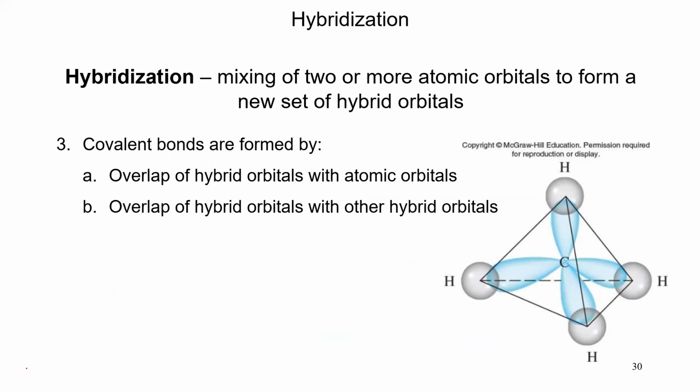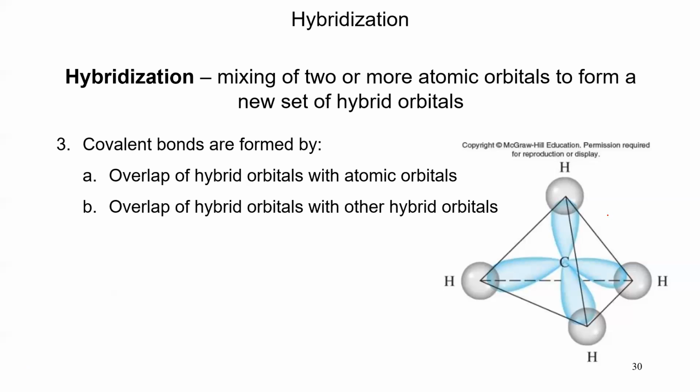It can be atomic orbitals with atomic orbitals, but that's only in very simple cases like HCl, a diatomic molecule. Generally speaking, it's an overlap of some hybrid orbital, either with an atomic orbital if it's a single bond, or with other hybrid orbitals.